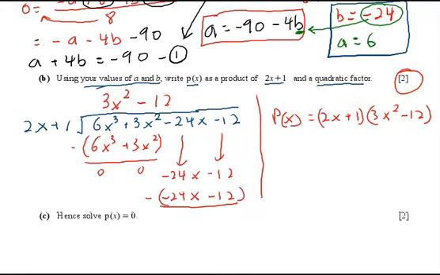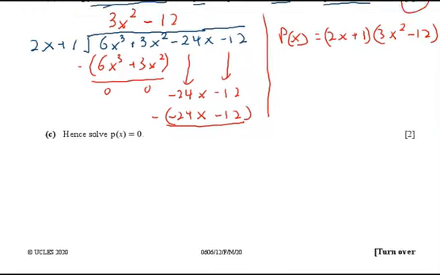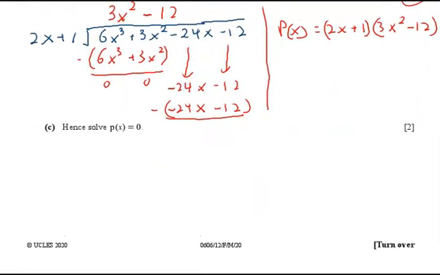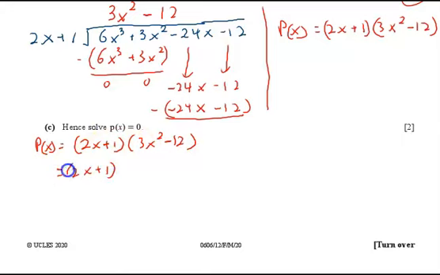Now we will go to the last question, and this is solving. We are using the equation that we formed in the previous part. So we got 2x plus 1, this is P(x), and here will be 3x square minus 12. We simplify this. We factorize the 3 outside, and we'll be getting x square minus 4.